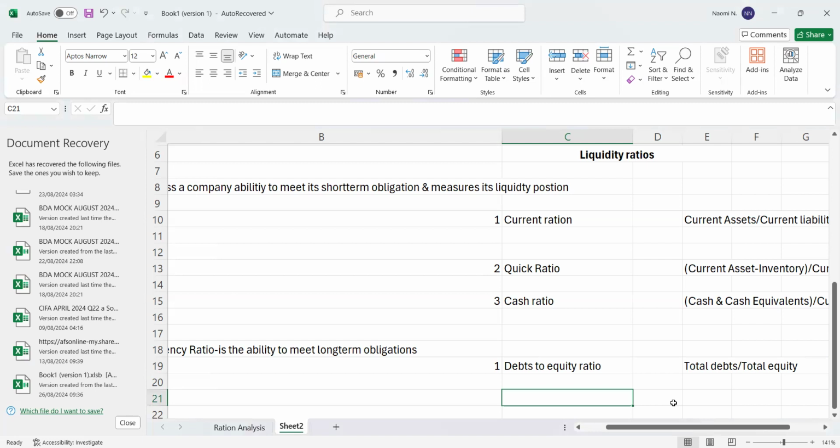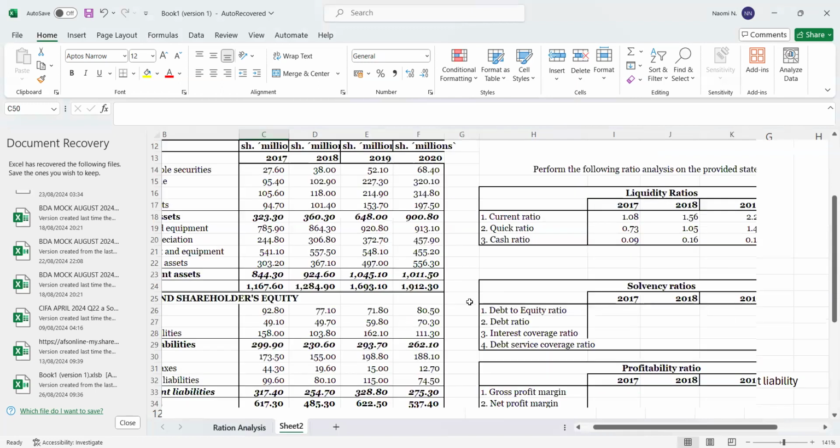So it is just that comparison to understand at what position we are as an organization. Are we leaning too much on the debts, or are we focusing on the equity, being financed by the shareholders? And that is it. So we can go into calculation to see how this is calculated.